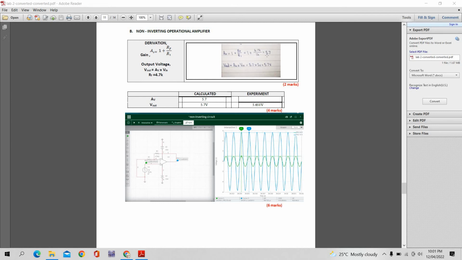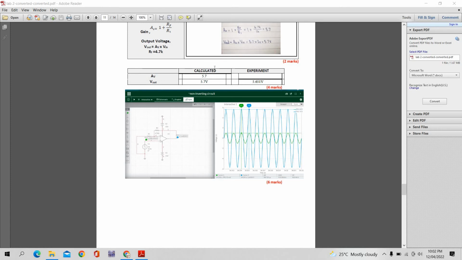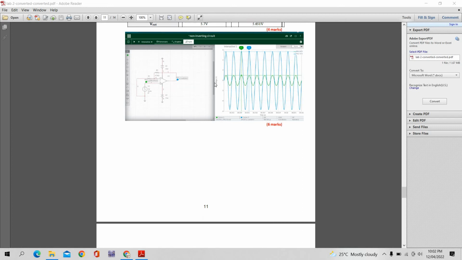Here we can see the calculated gain is 5.7 and the V out is gain times V in, so 5.7 times 1 volt, which is 5.7 volt. I wrote down the answers from the calculation, and the measured value is 5.651 volt, so it is almost the same as the calculated value.